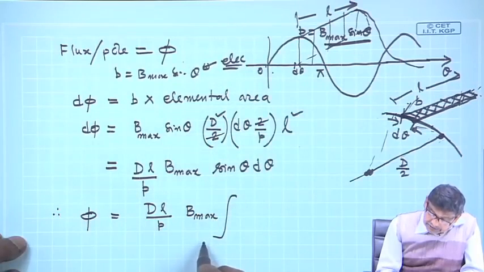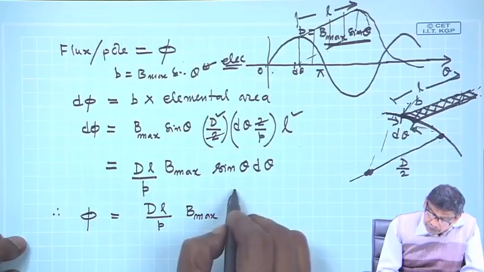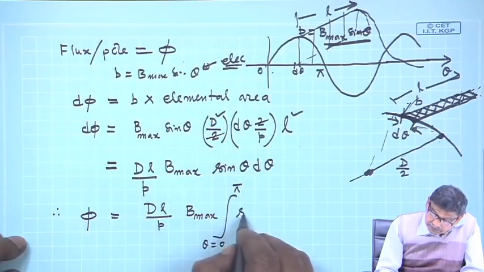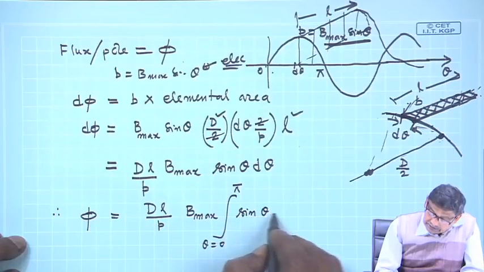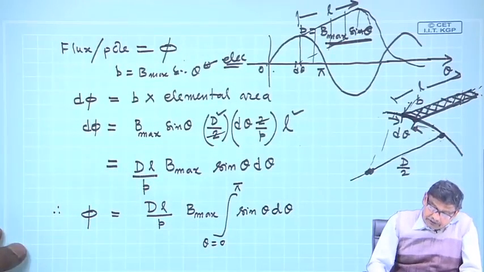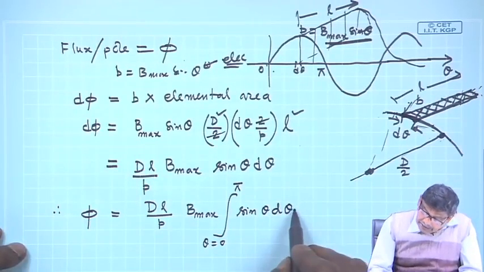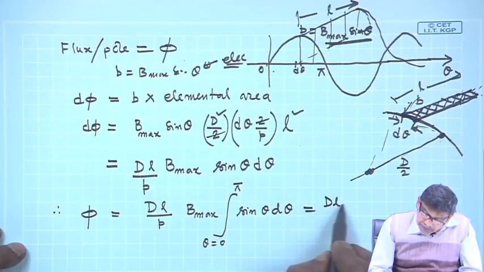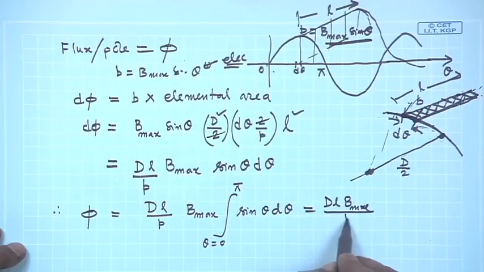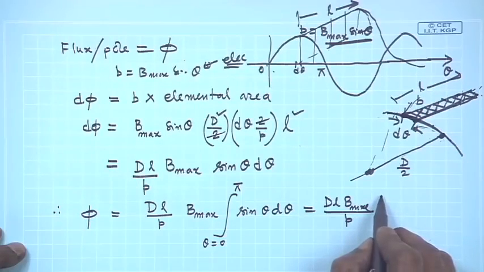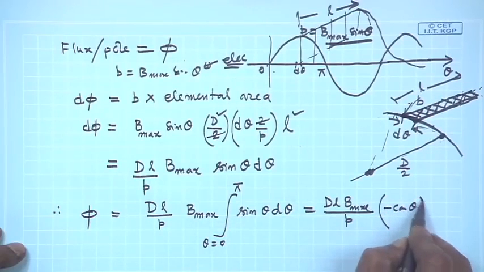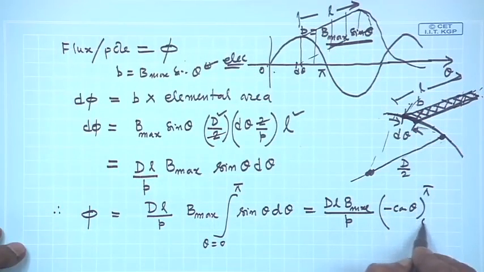I have to integrate this from theta equal to 0 to pi, because everything is in electrical degree. So it will be sin theta d theta. This integration is of course very simple: D L B max by P, and the integral is minus cos theta from pi to 0.